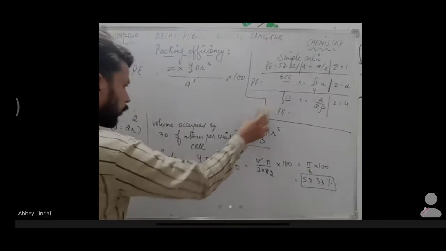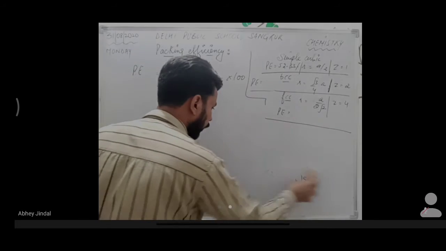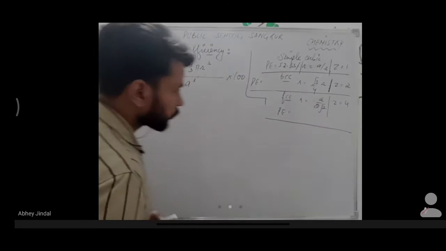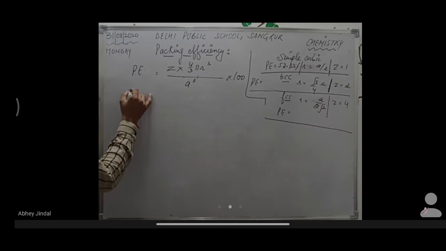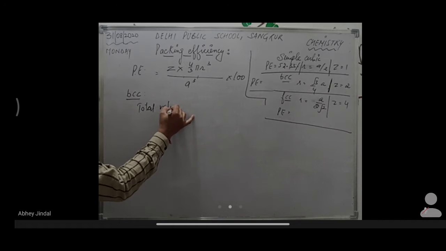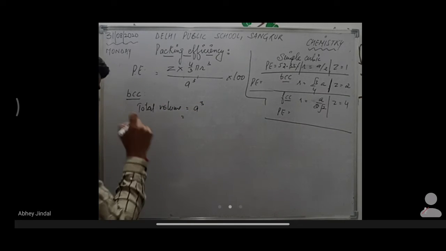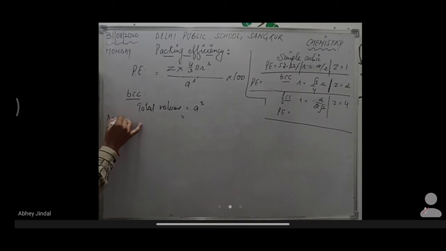So now this is all for simple cubic. Now the next one is the body centered cubic unit cell. So for BCC, as we know, total volume is equal to a cube, and for BCC, r is equal to root 3 by 4 a, or this implies that a is equal to 4r by root 3.